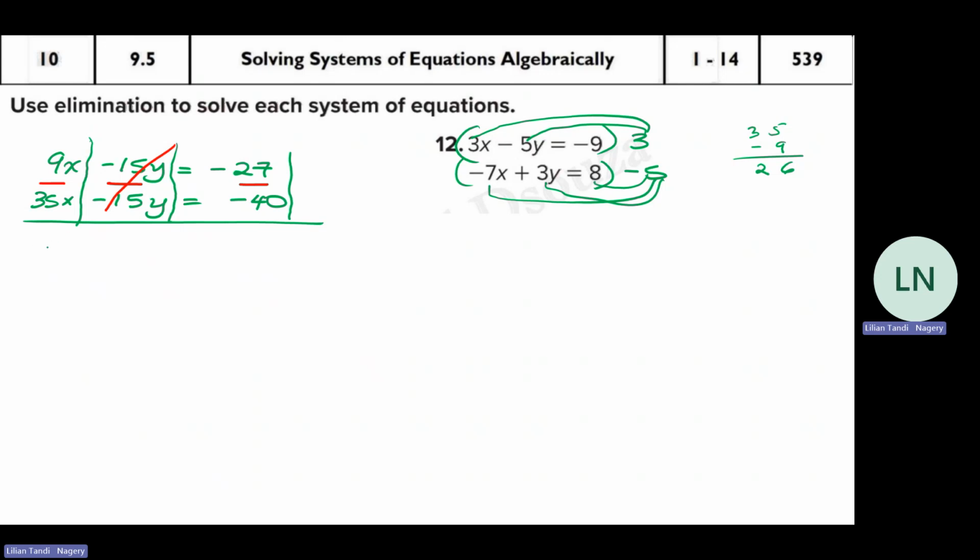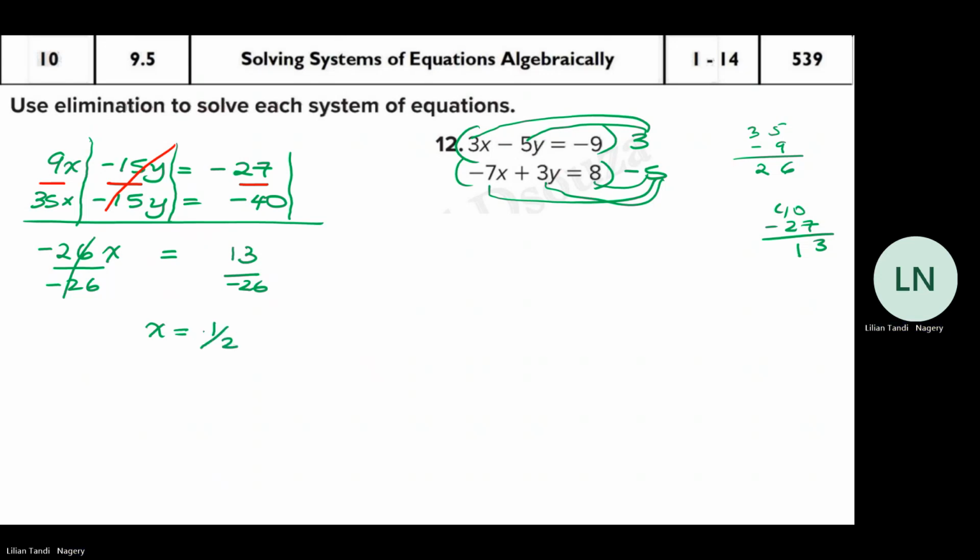Okay. So this will be negative 26x equals to, what is 40 minus 27? 13. Okay. All right. Then I divide both sides by negative 26. So x equals to negative half.